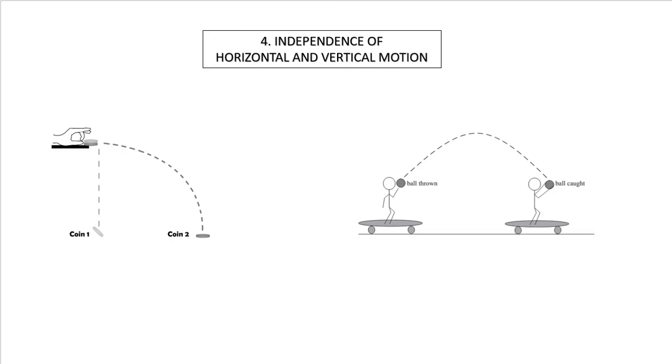And the second scenario is whilst moving with a constant velocity, you launch something vertically upward. Even when you launch it vertically upward, it will have a horizontal motion which it was carrying while it was moving along with the person.